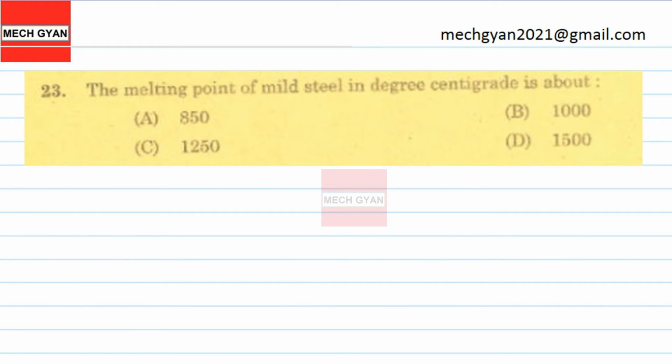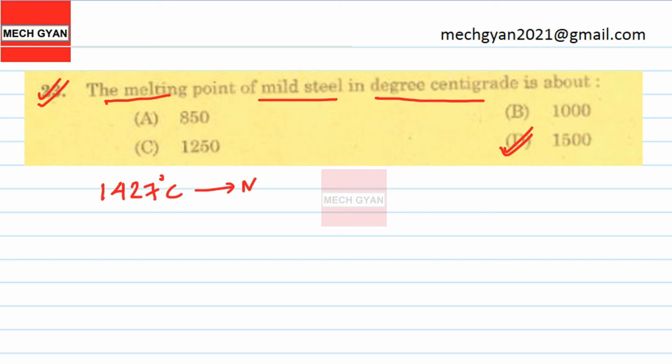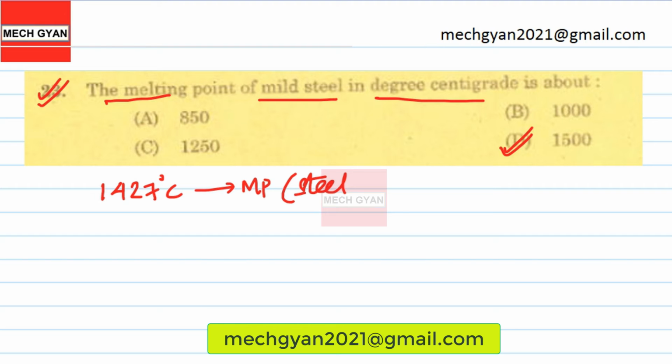Question number 23. The melting point of mild steel in degree centigrade is about? The melting point of mild steel is option D, 1500 degrees centigrade. The exact value is around 1427 degrees centigrade for mild steel.